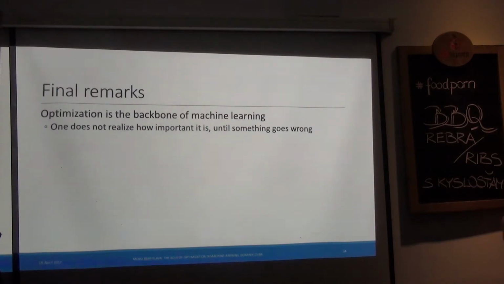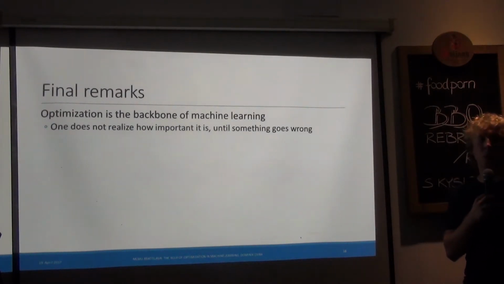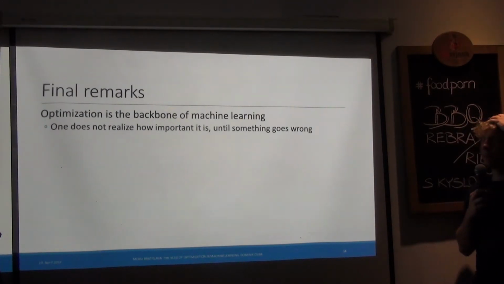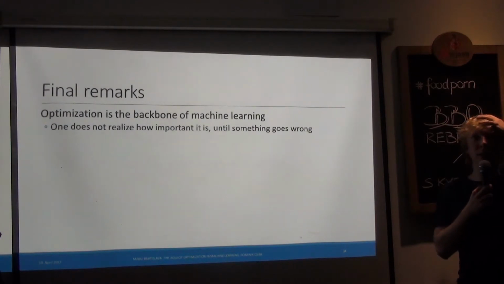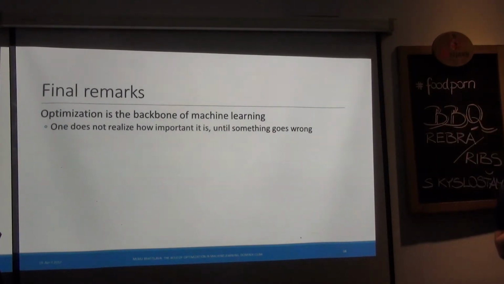It's completely fine to do machine learning without knowing anything about optimization. But once something goes wrong in the optimization part of machine learning, there is a possibility that you are not going to solve it unless you know something about optimization or unless you know somebody who knows about optimization, right?